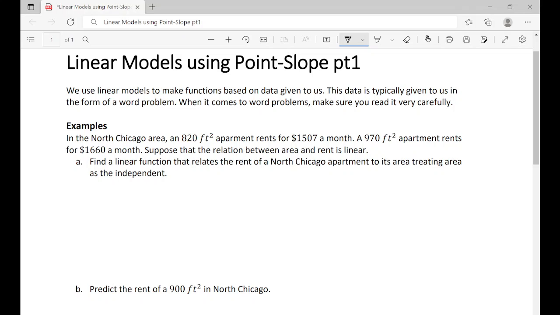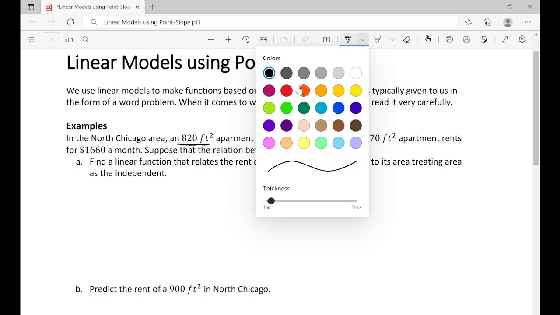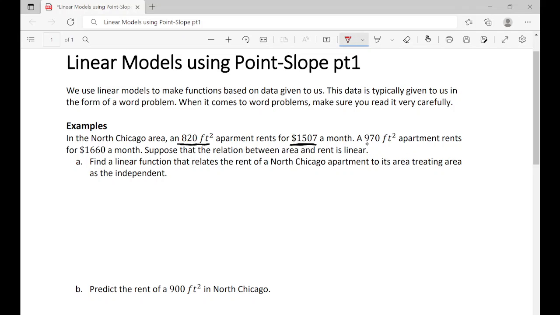So all that means is that the area is the independent variable, and independent is typically your x value. So area is x. So let's go with what we know. We have an 820 square foot apartment for $1,507, and then we have a 970 square foot apartment for $1,660.